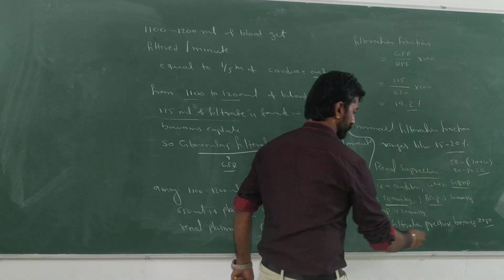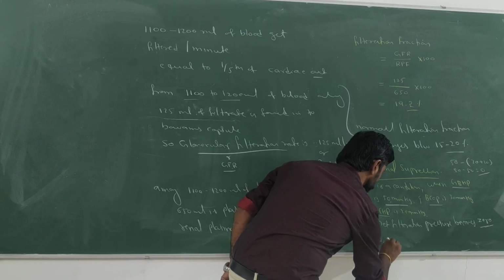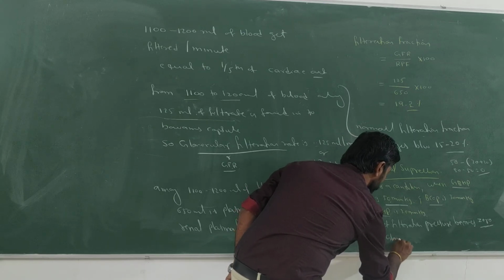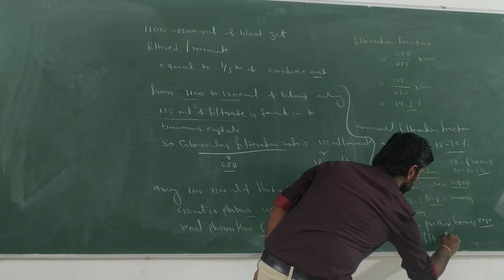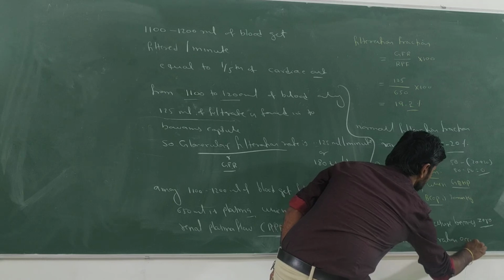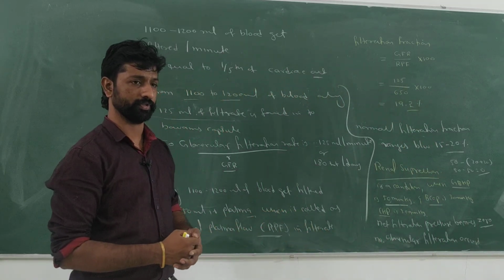Renal suppression. So when the pressure becomes 0, no glomerular filtration occurs. That is called renal suppression.